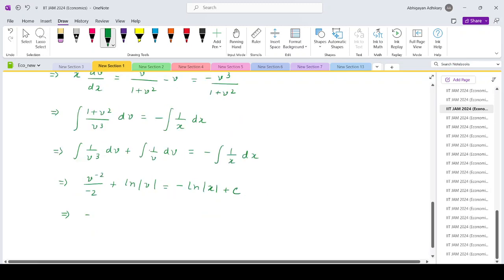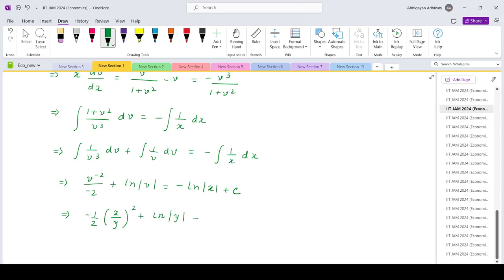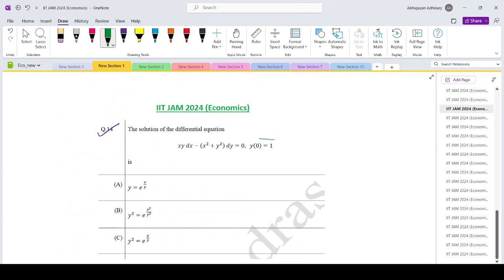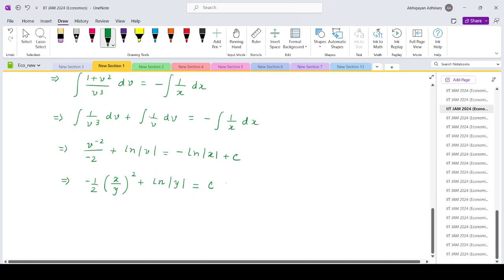So if we replace the value, minus half into (x by y) whole squared plus log of mod y is equal to c. We are also given another information that y of 0 is equal to 1. That means when x is equal to 0, y is equal to 1.